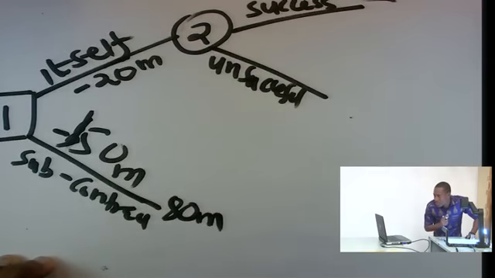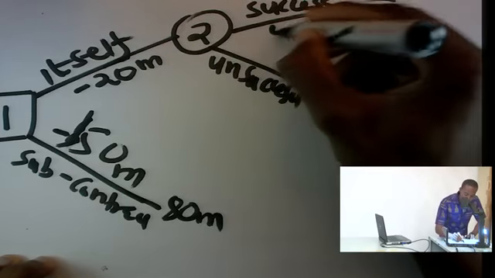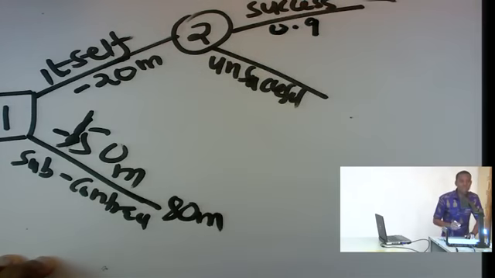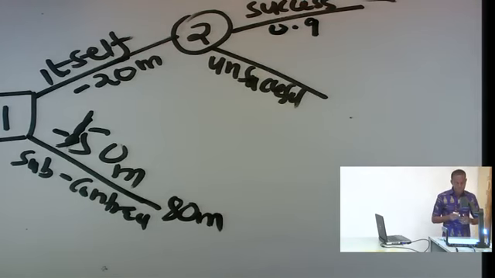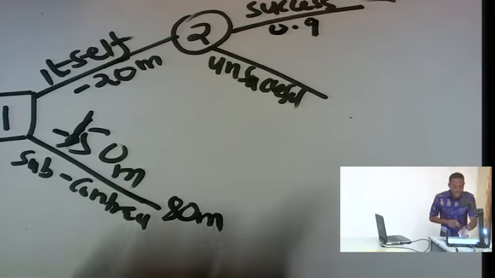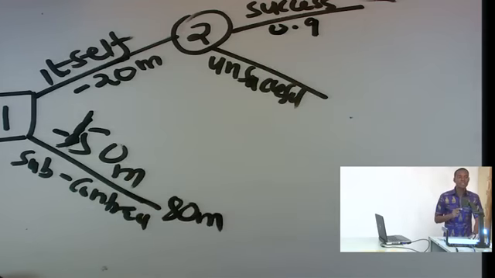Now, the statement said, based on past experience, it would only have 90% chance of being successful. So we have a 0.9 chance of being successful. You do know that from the complement rule in probabilities, all probabilities must add up to 1. So if we have a 90% chance of being successful, then what is the chance of us failing?